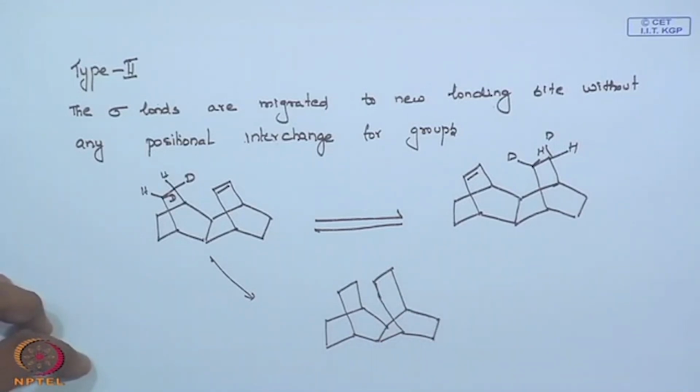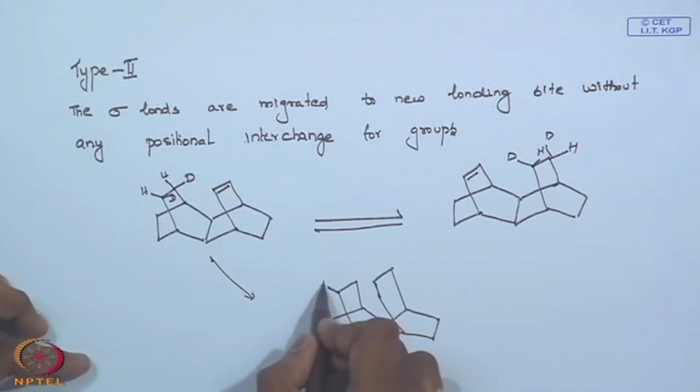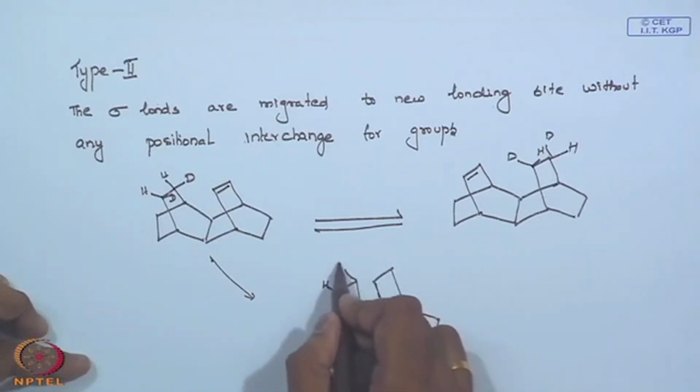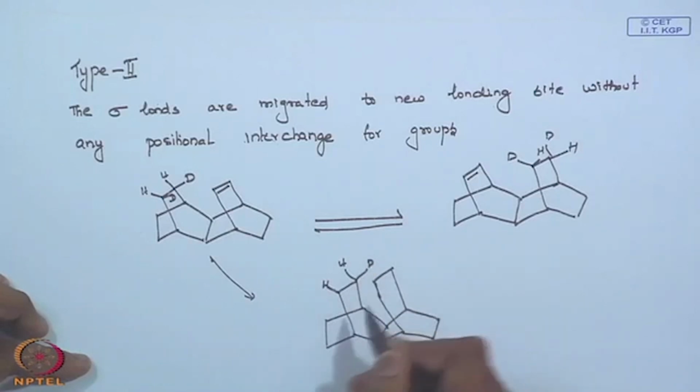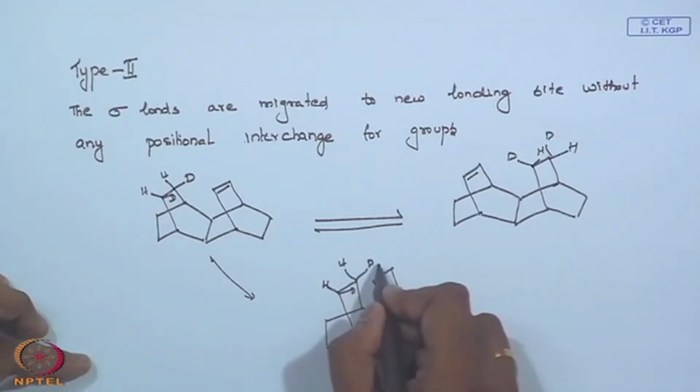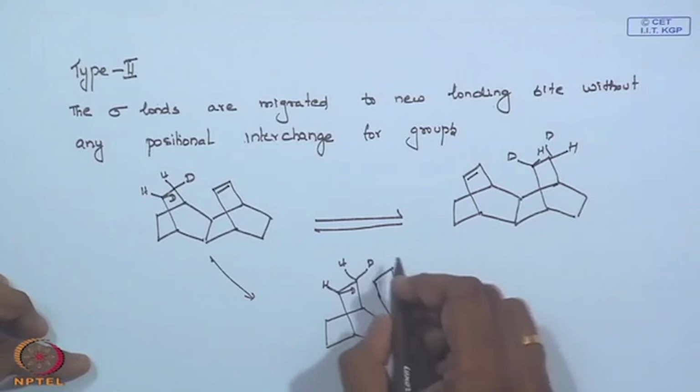You have a hydrogen here, a deuterium here, and this double bond here.